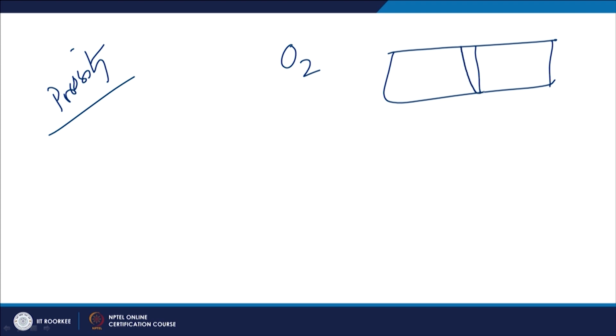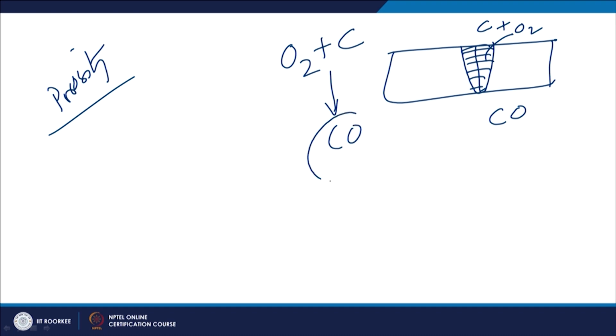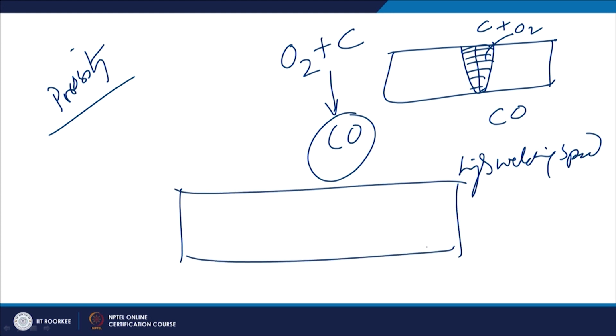So, after fusion of the faying surfaces, the oxygen present in the base metal now reacts in the molten state with the carbon and it forms the carbon monoxide. So, oxygen reacts with the carbon to form the carbon monoxide. Since the high cooling rate is experienced by the weld metal due to the high melting point coupled with the high welding speed, like say the welding is being performed by moving the heat source more rapidly.